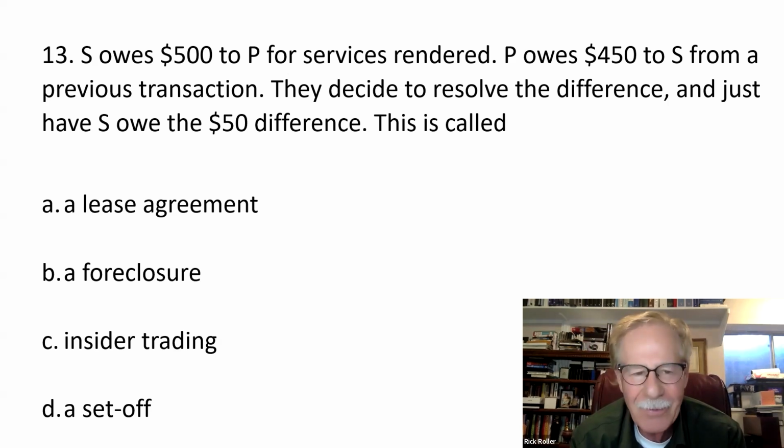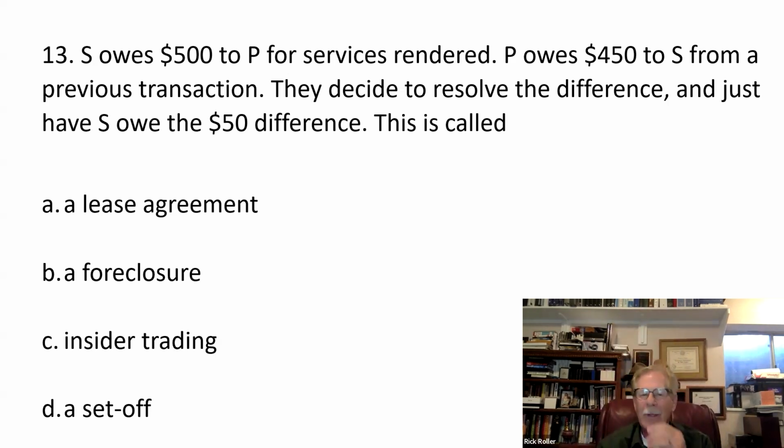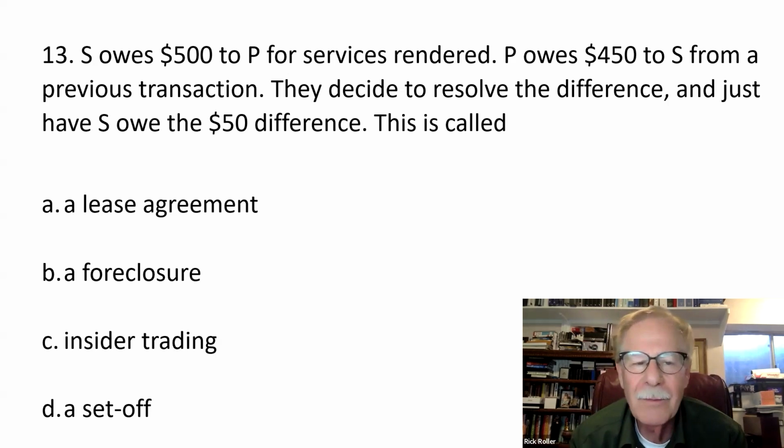A set off says, okay, look, I owe you $450 and you owe me $500, so I'm going to set off $450 of the $500 you owe me. Just give me $50 and we'll call it done. It's a set off because there was another loan that was forgiven that was given credit to the total balance that was due. We call it a set off.